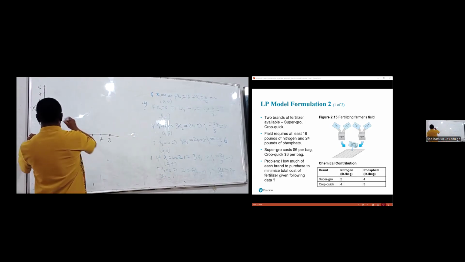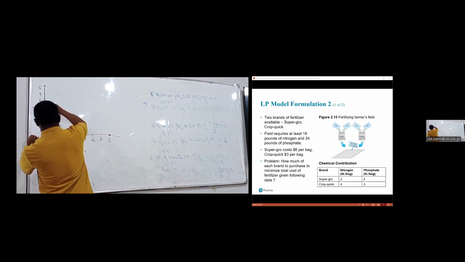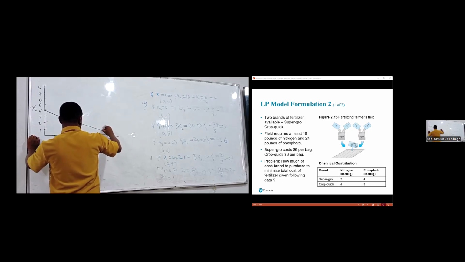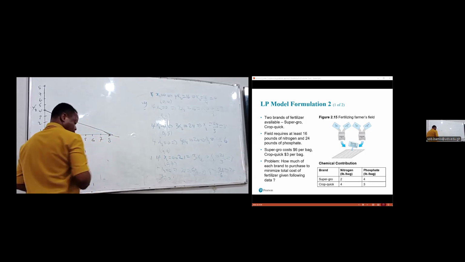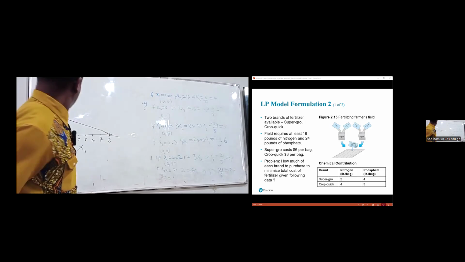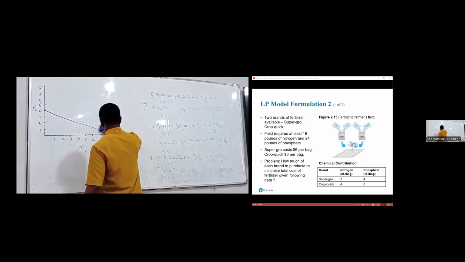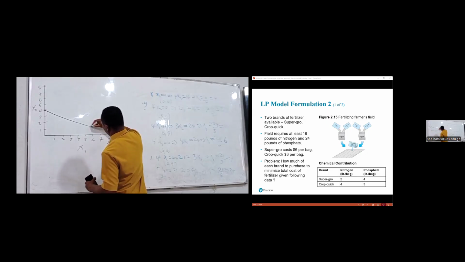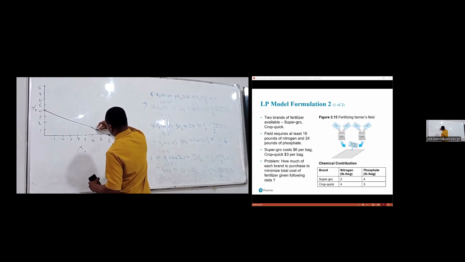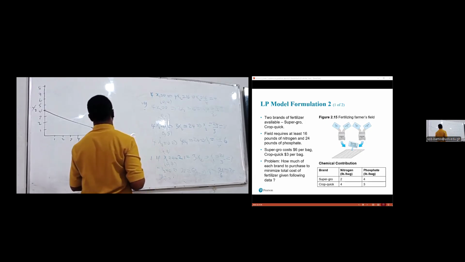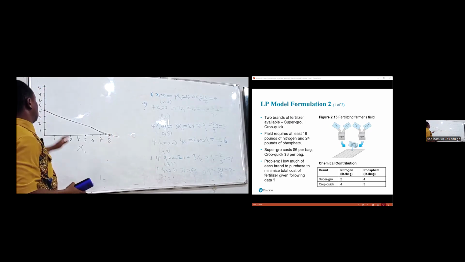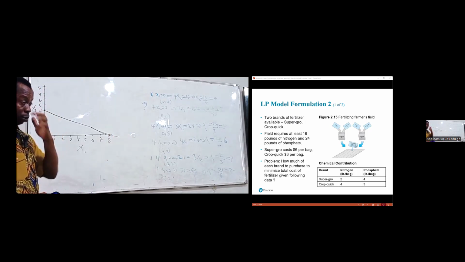So we connect them. So this is our nitrogen constraint. So you can label this nitrogen constraint.